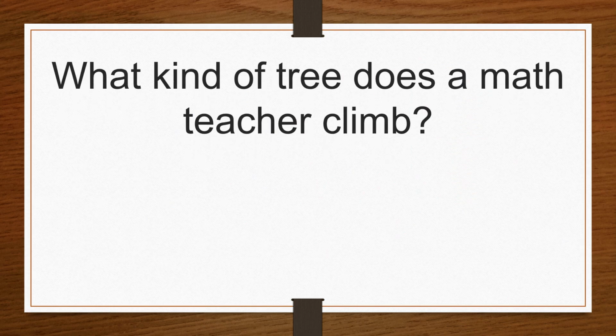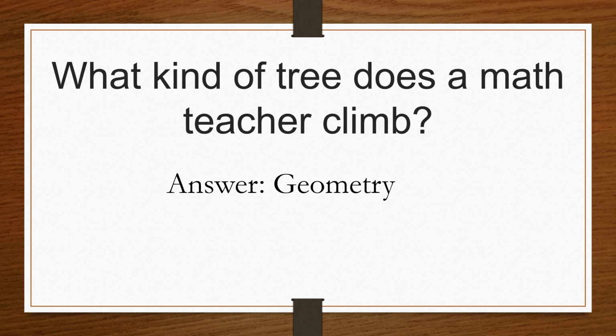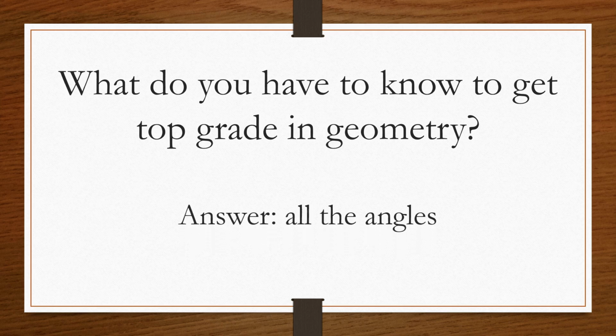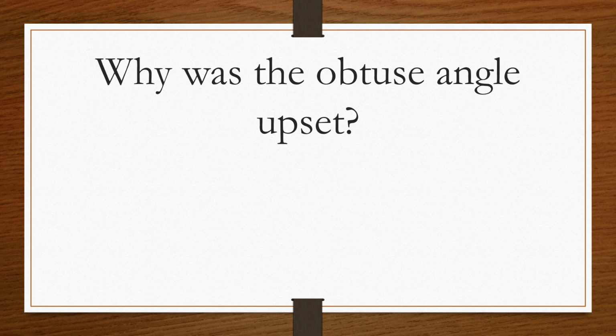Okay, before we go on, let's have some riddles. What kind of tree does a math teacher climb? Answer: geometry. What do you have to know to get a top grade in geometry? Answer: all the angles. Why was the obtuse angle upset?